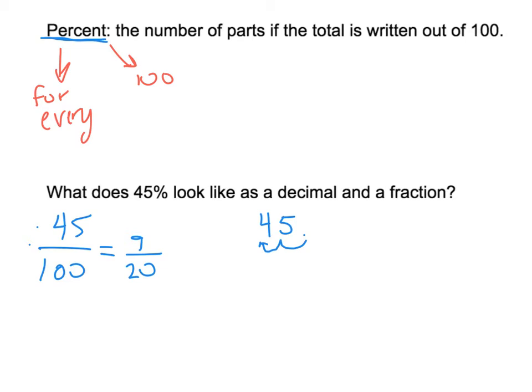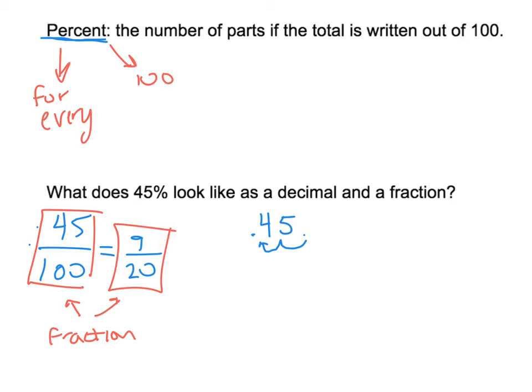And again over here, if we take a whole number, 45, and divide by 100, all we need to do is move our decimal point 2 spots to the left. So our fraction form is 45 out of 100, or 9/20. I'm going to label that as our fraction. And this is our decimal.